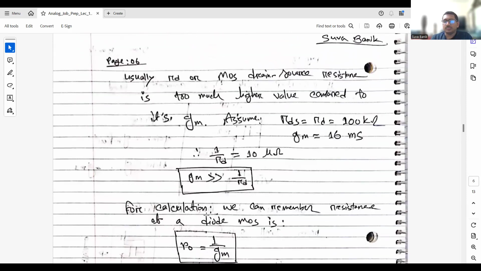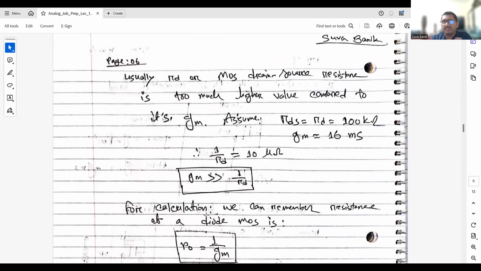And here I also assume some numbers just to illustrate this. For example, we can consider RD. I already told you RD means drain to source resistance. You can assume it may be 100 kilo ohm or it may be 500, 600. It's typically higher. On the other hand, the unit of transconductance GM is Siemens.